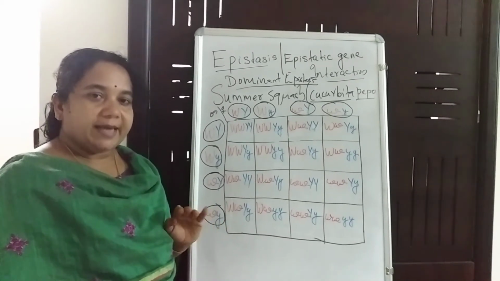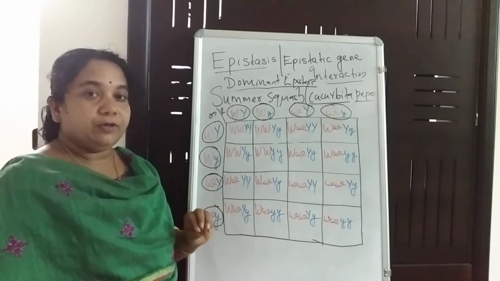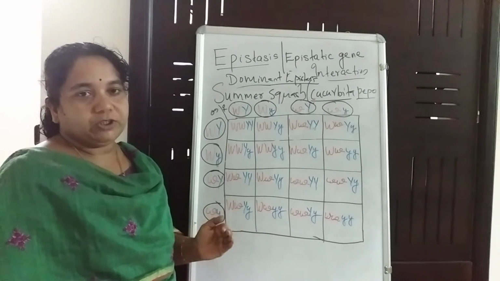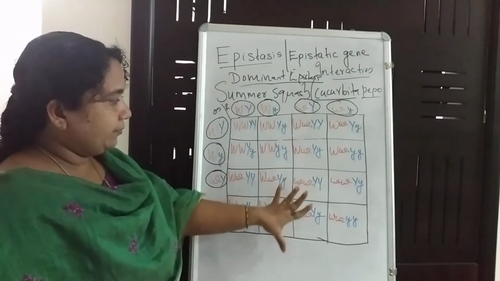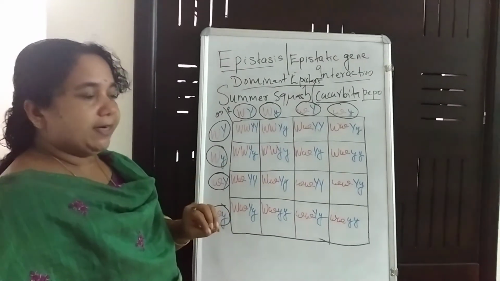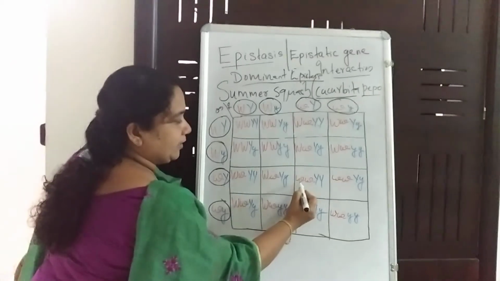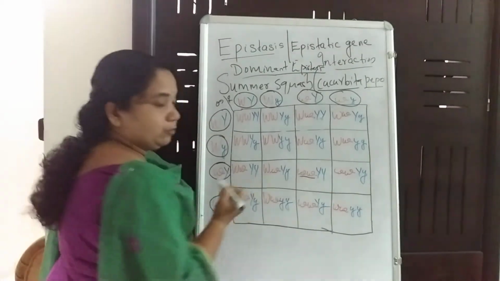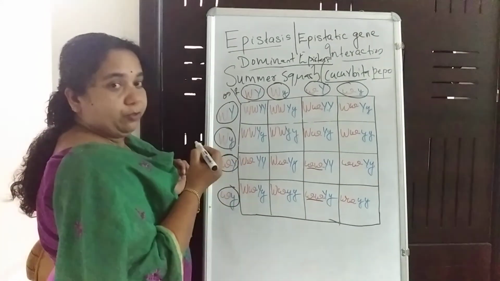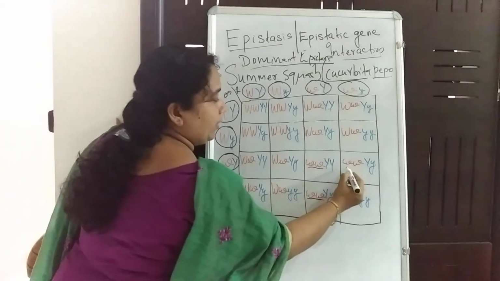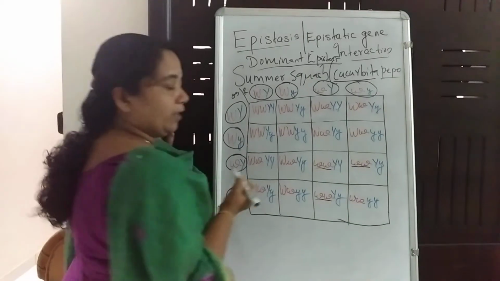If capital W is not there, the expression of the Y gene will be there. So here there is no capital W gene, only small w, again small w.